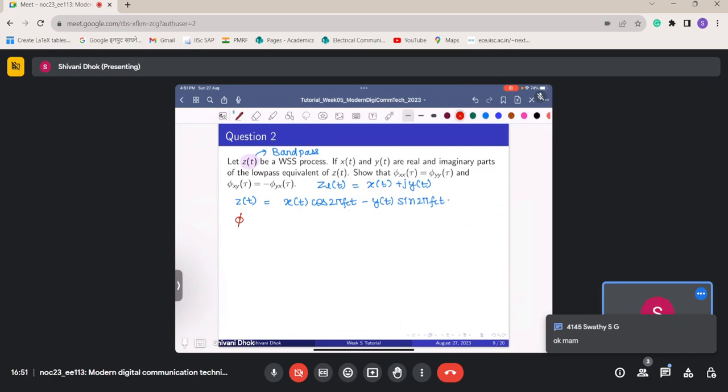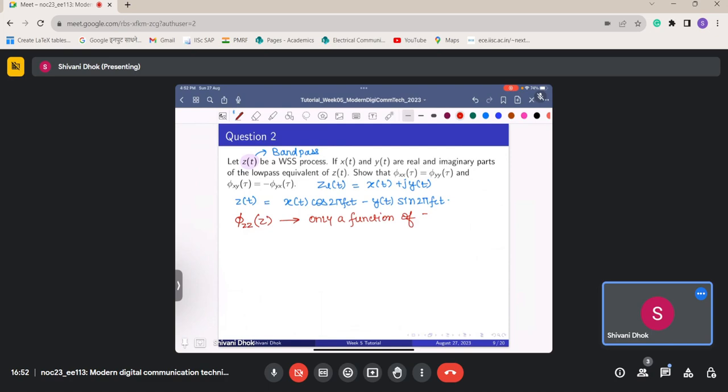So this phi zz of tau should be only a function of tau since it is WSS. Okay, so let's try to find this phi zz of tau. So this is the expectation of z(t) into z(t plus tau).